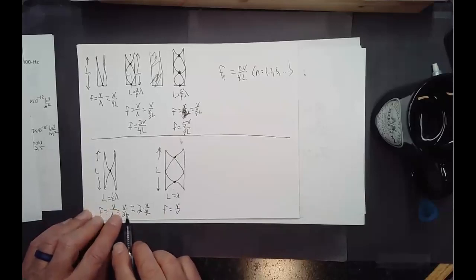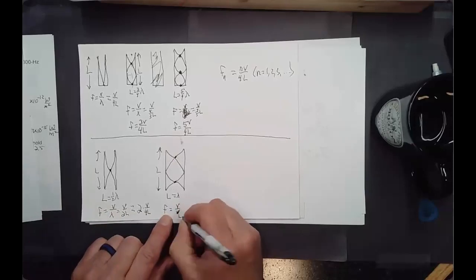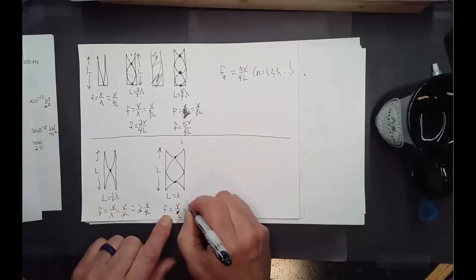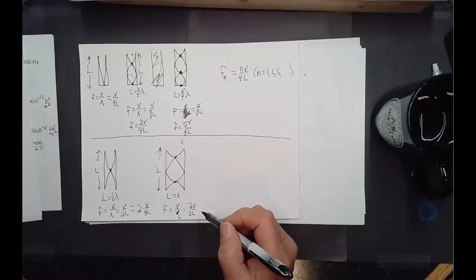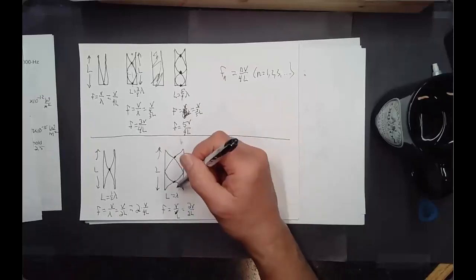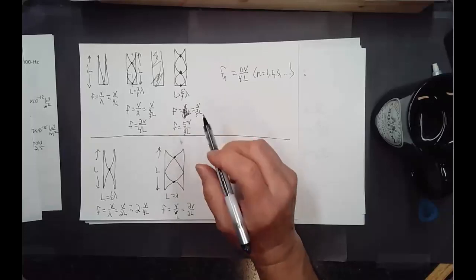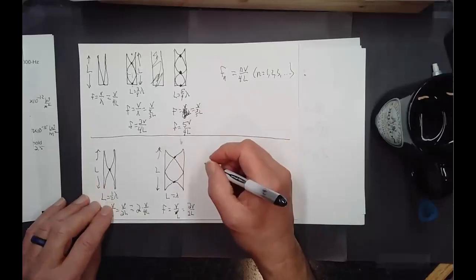Here it's V over 2L. This is, whoops, that's supposed to be an L down here. This is 2V over 2L. Okay, because that's the same as V over L, but that's twice the frequency of this one. So that'd be an octave jump. If you double the frequency, the sound will jump by an octave.